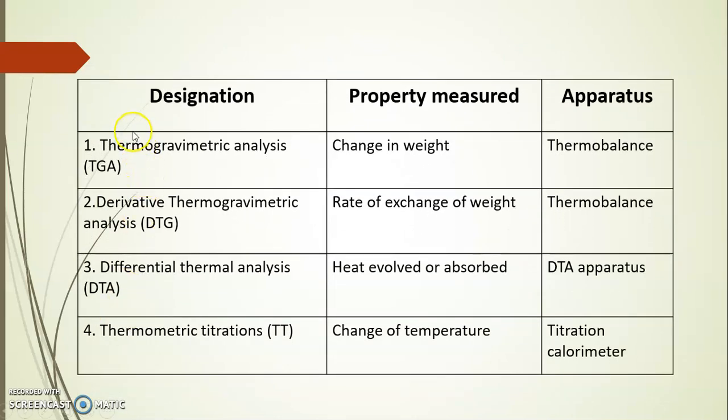Prior to that, firstly we see the designation of methods, what property they measure and which apparatus they require. In the first method, thermogravimetric analysis, we measure the change in weight of the material and for that purpose we require a thermobalance. The next method is derivative thermogravimetric analysis, also known as DTG.